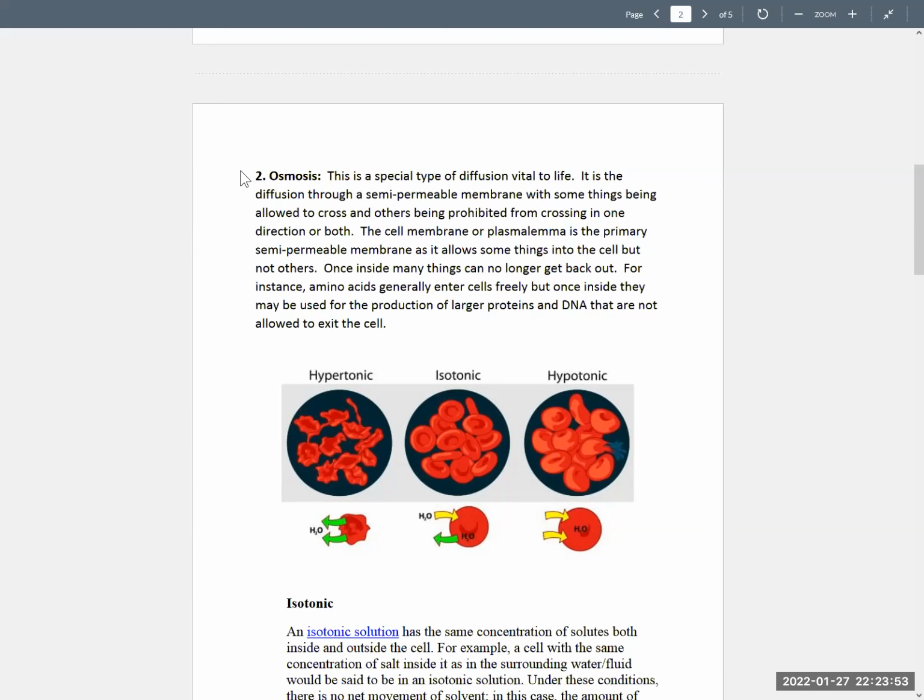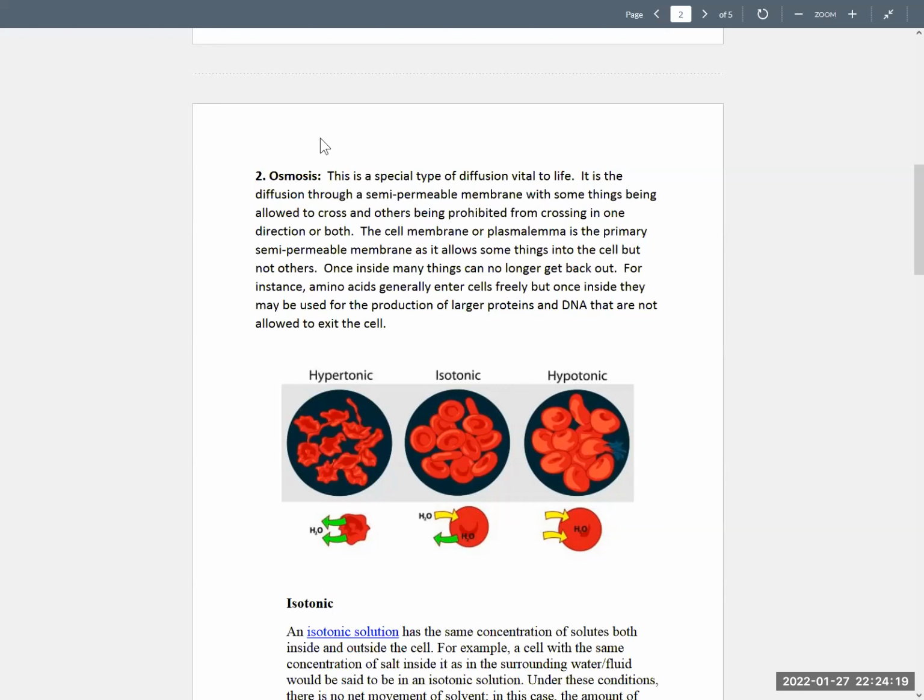Osmosis is just a special type of diffusion. It's diffusion from an area of higher concentration to lower concentration still. But the molecules that are going from higher concentration to lower concentration pass through a membrane. That's all. They pass through a membrane.